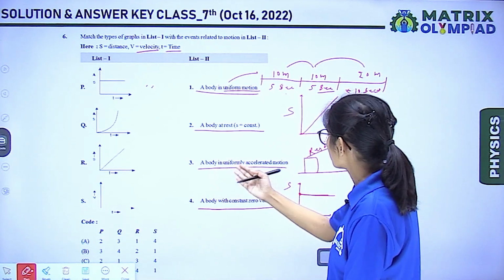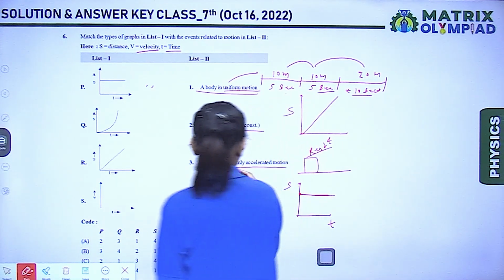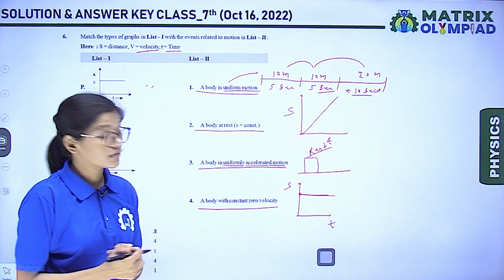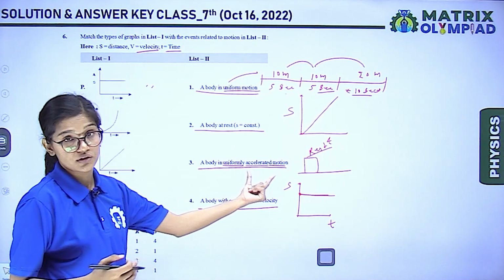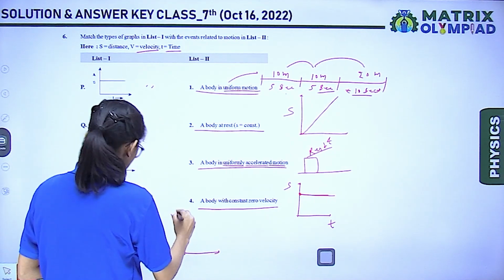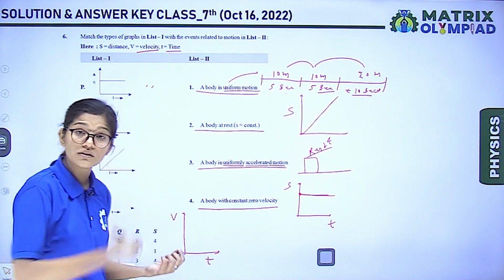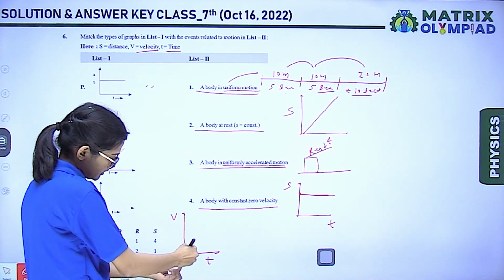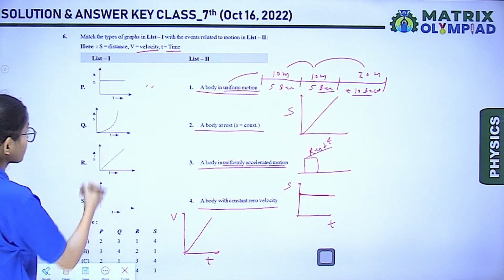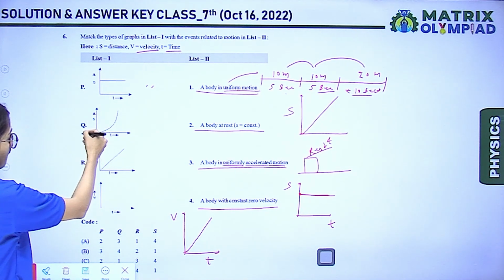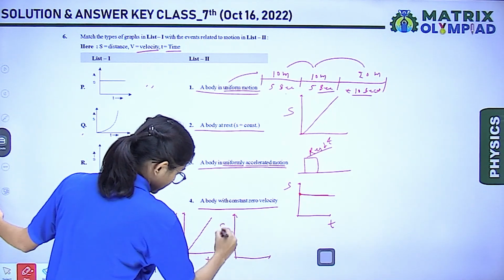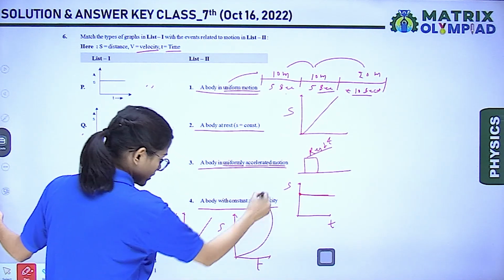If I'm talking about the body in uniformly accelerated motion, what is that? That means your acceleration will be there, and your velocity will be increased uniformly. For the third, there is no match, so we have to make the graph between S and T. So uniformly accelerated, then it will increase with that.